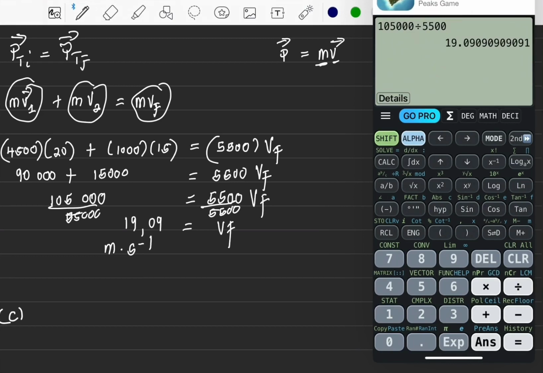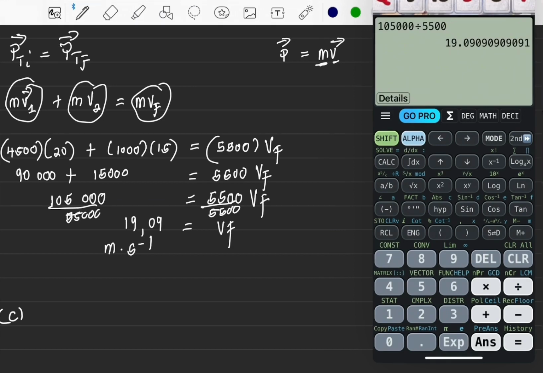So that is the velocity of the connected system after the collision. After the truck and the car hit each other, they then moved together at a velocity of 19.09 meters per second.